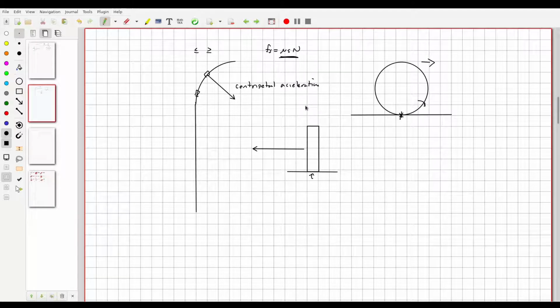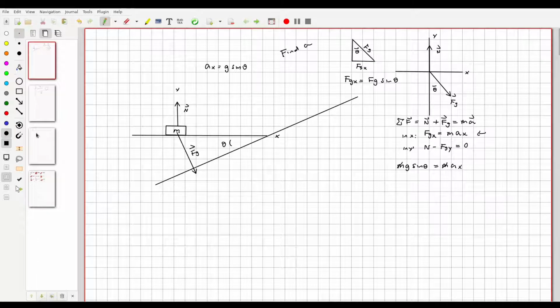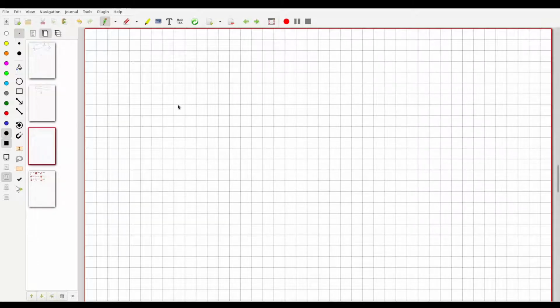Now, with that having been said, let's add some actual detail to our rolling problem, or our thing sliding down, or better yet, rolling down an incline.